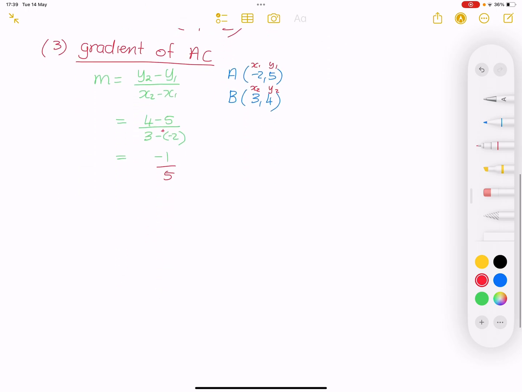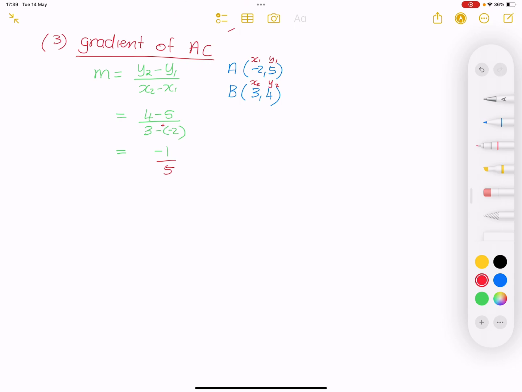Now they say they want the equation of AC. Equation of AC. Do you agree? Yes, ma'am.